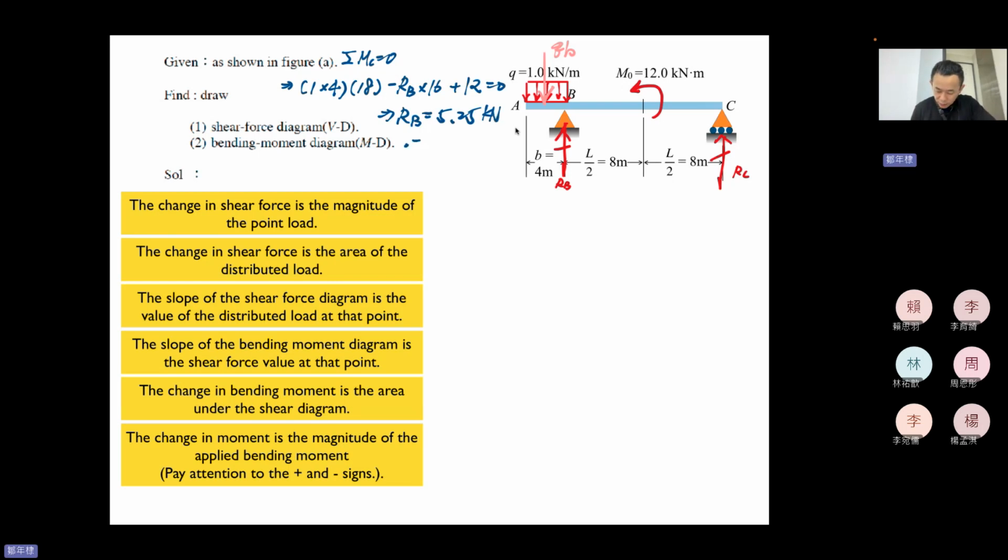And sigma Fy equal to 0 helps us to determine: minus 1 times 4 QB, plus RC plus RB, which is 5.25 kN. So RC equal to minus 1.25 kN.